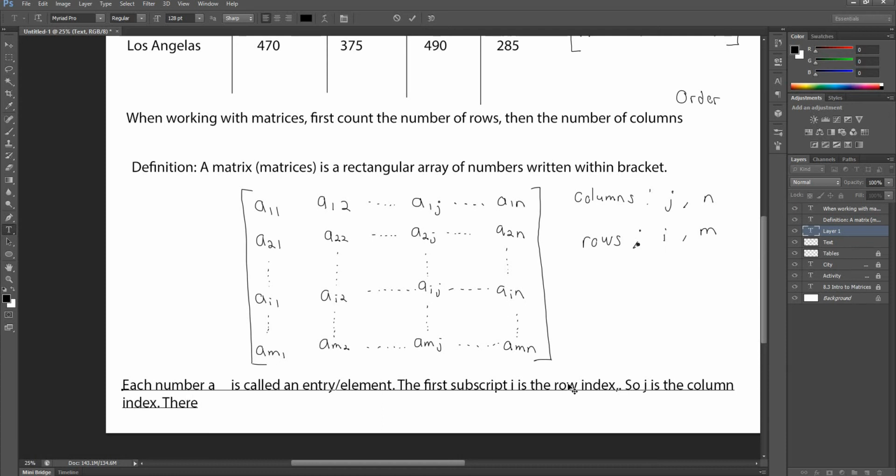There are M rows and N columns. So its order, which is also like a proper name for size, is M by N. And I need to go write the IJ.